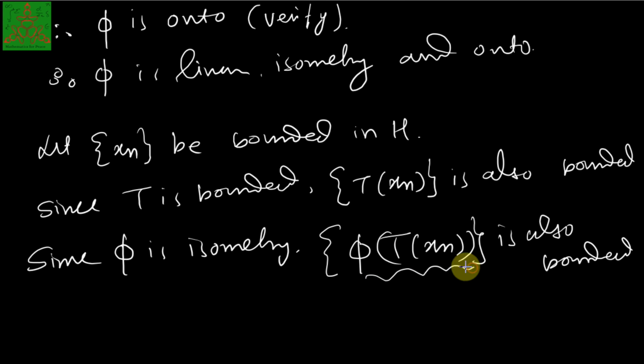The norm of this quantity will be the same as the norm of this. This phi of T of xn is bounded in k power n. Now there is a bounded sequence in k power n, so I can apply the Bolzano-Weierstrass property to show that this bounded sequence has a convergent subsequence.